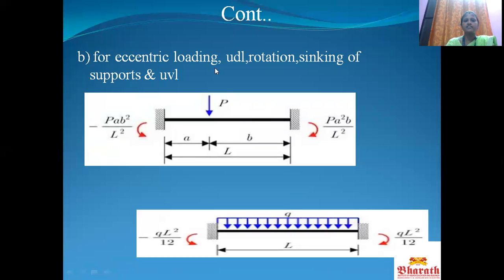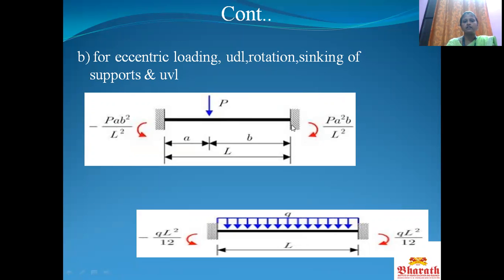Next, for eccentric loading, or UDL, rotation, sinking of supports, or UVL loading. For this type of loading, the load is not placed at the center, but at distances A and B. In such a case, what is the formula for fixed end moments? For clockwise, it is plus P A square B by L square, where P is the load, A is the distance from the left side to the load P, and B is the distance from P to the right side.